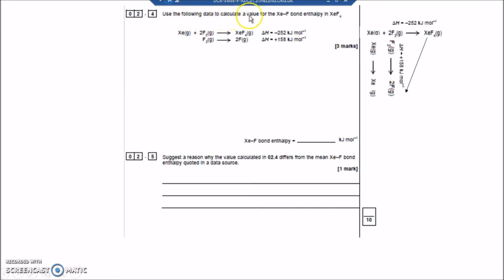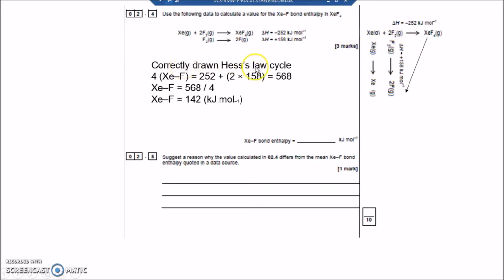Use the following data to calculate a value for the xenon to fluorine bond in xenon F4, XeF4, and you've been given 2 equations. You need to form a Hess's law cycle, so a Hess's law cycle needs to be drawn. If you have a look here, xenon gas plus 2F2 to xenon tetrafluoride is -252 in this direction, going from left to right.